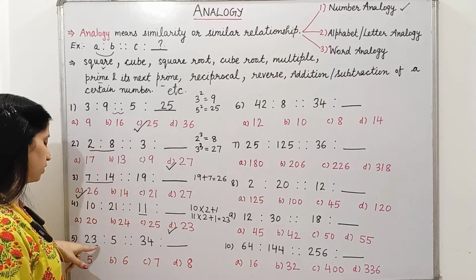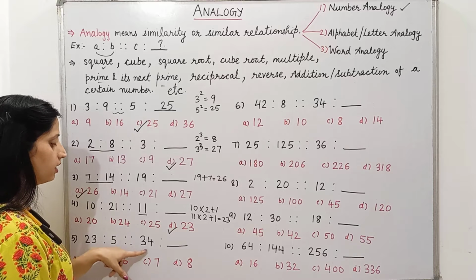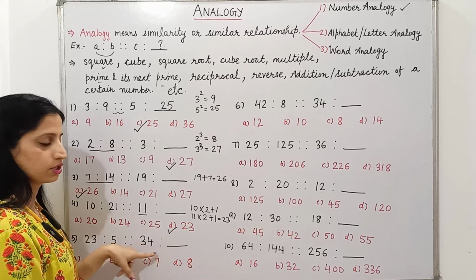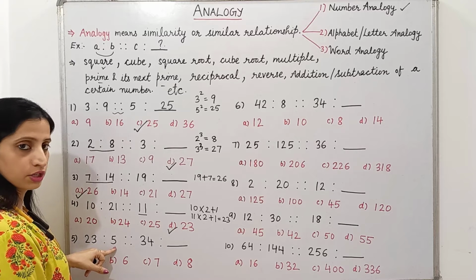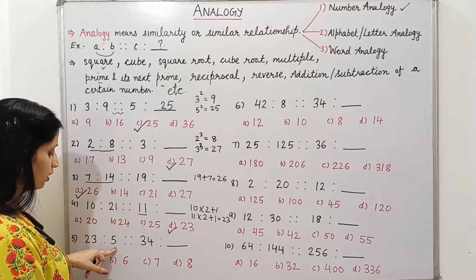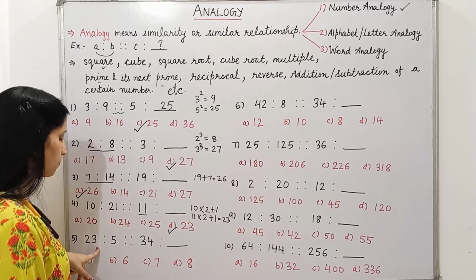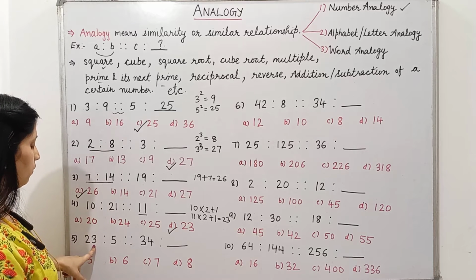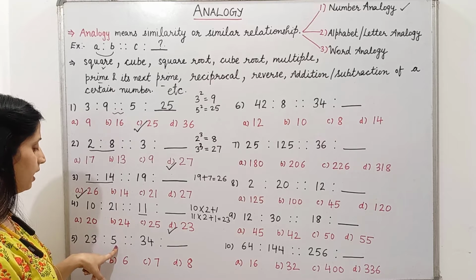Okay. Now come to the next one. 23 is to 5, double colon, 34 is to dash. Now see, the numbers are decreasing. So it can be a relation of subtraction. But let's see what number we will subtract from 23. If we subtract 23 minus 5, we will get 18.